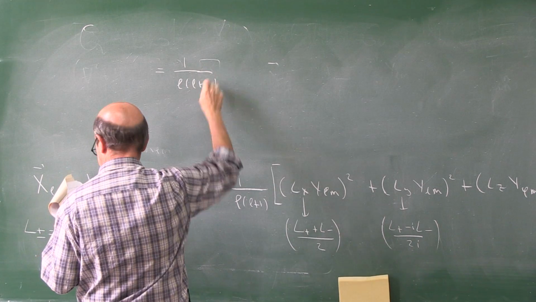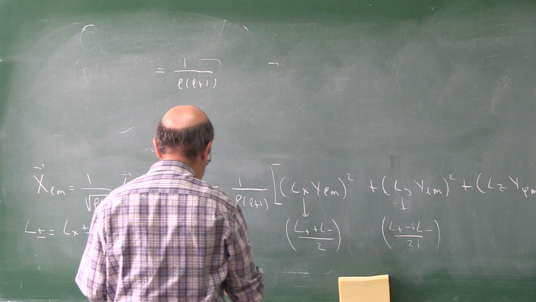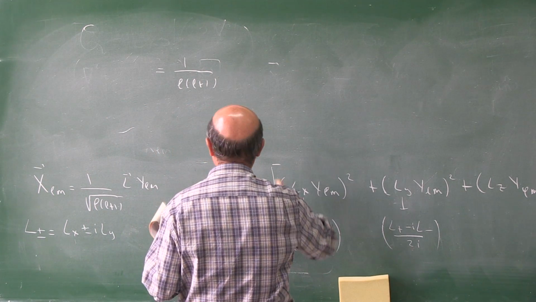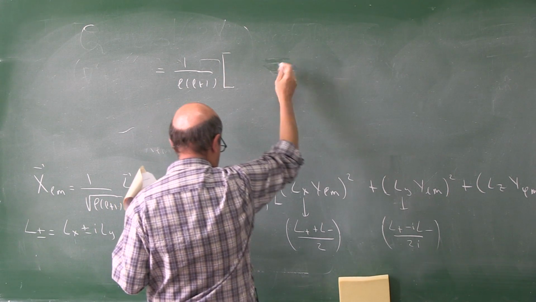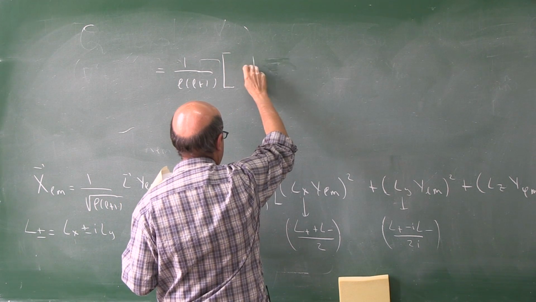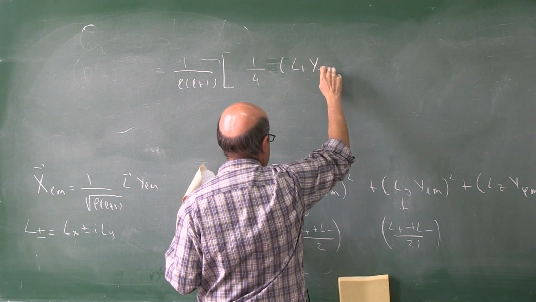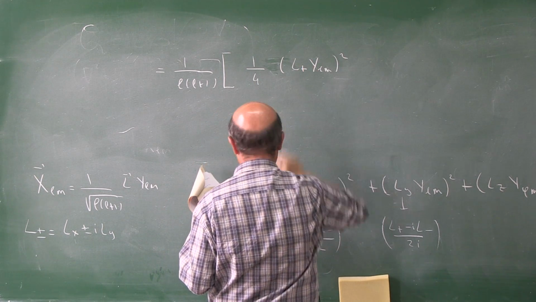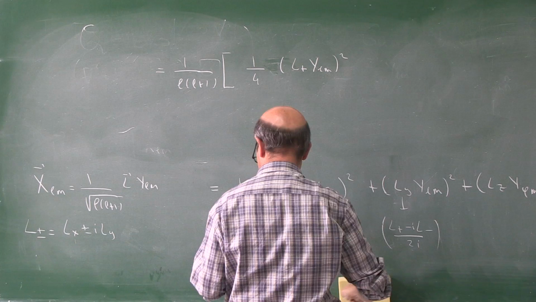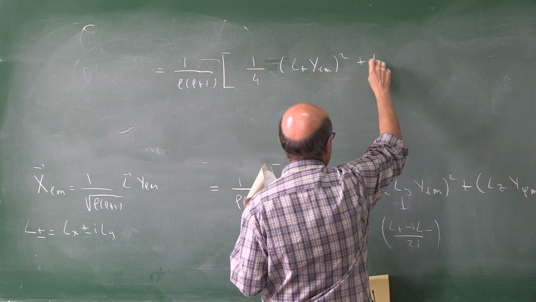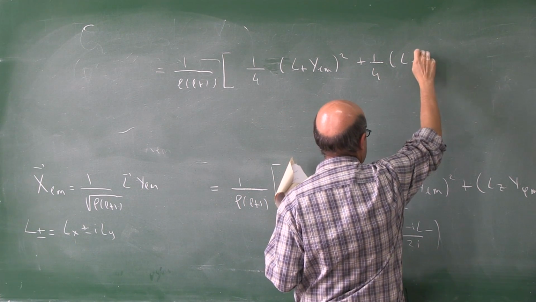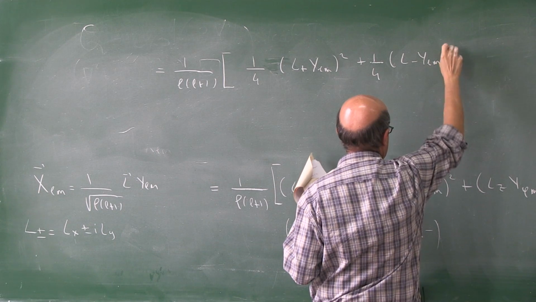If you open these terms, you will get the following: 1 over L plus 1, and this will be what? 1 over 4 L plus YLM square, and the other term will be 1 over 4 L minus YLM square.